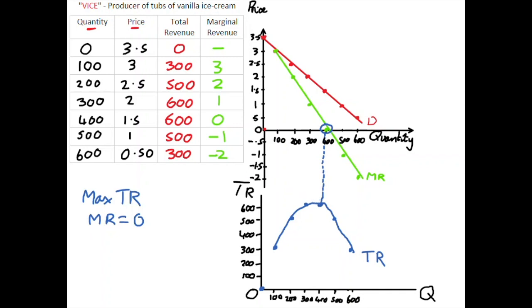That's not to be confused with the second point, which is where you maximize profits, and you maximize profits at a slightly different point where marginal revenue is equal to marginal cost. So the total revenue function is maximized where MR equals 0.